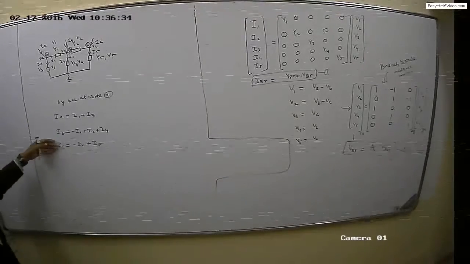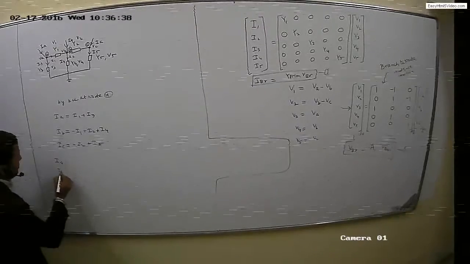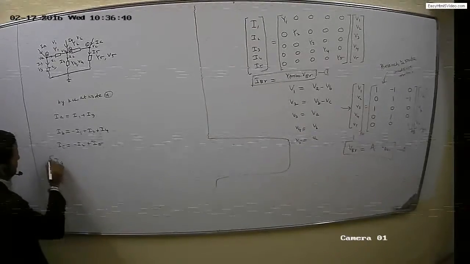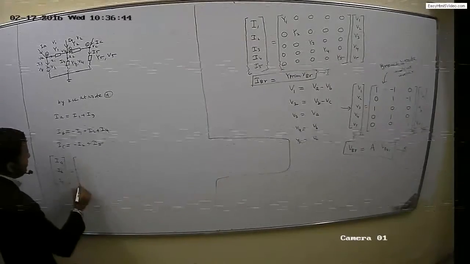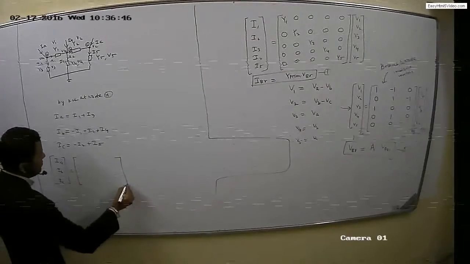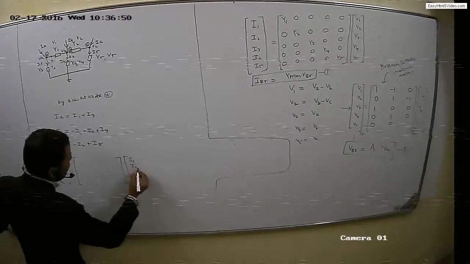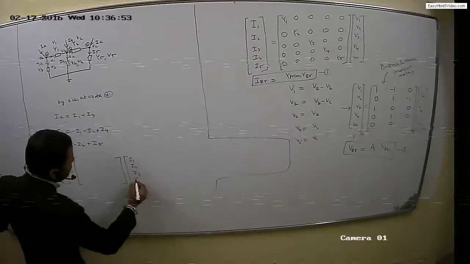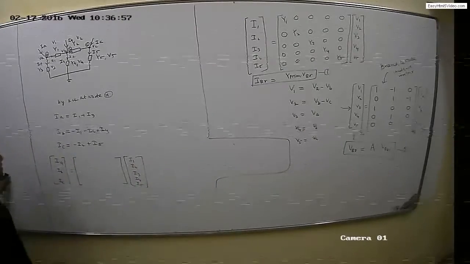Now again I can write down this equation in the matrix form, so this is nothing but IA, IB and I of C. This will be equal to, again there will be a matrix, and here the 5 branch currents are there, I1, I2, I3, I4 and I of 5. Now what should be the elements of this matrix?